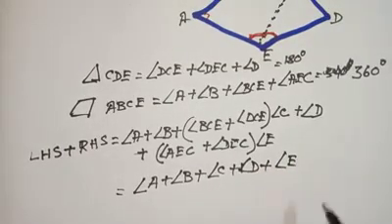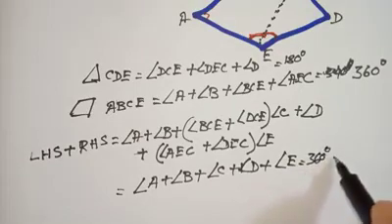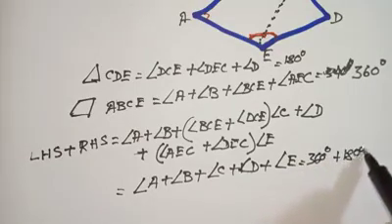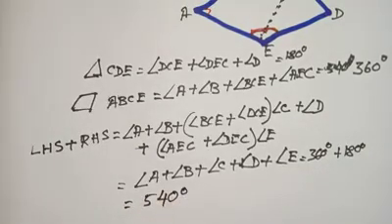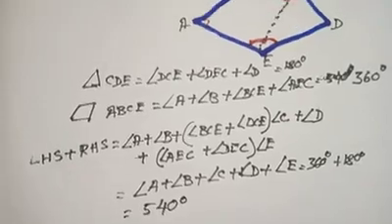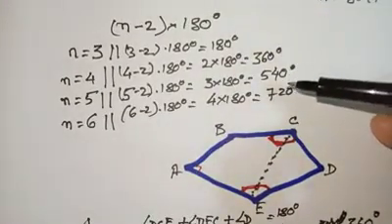And how much would it result to? This would be equal to 360 degrees plus 180 degrees, and this is equal to 540 degrees. And that is basically the sum of the angles of a pentagon. And we have seen here by formula we can find this one.